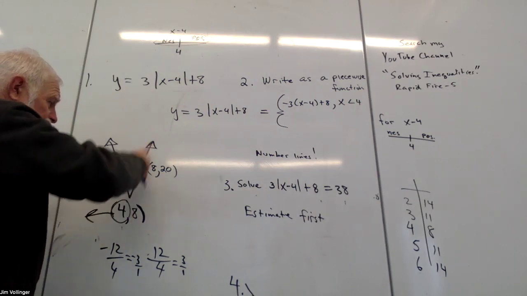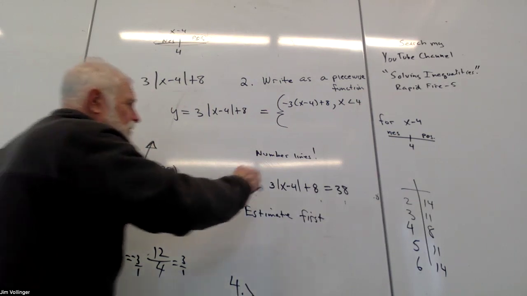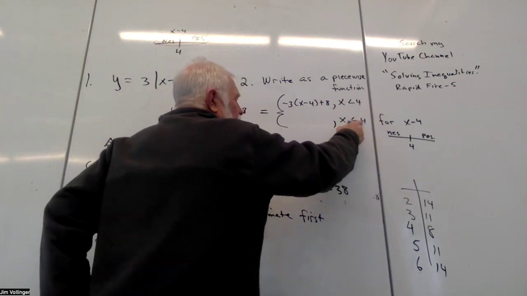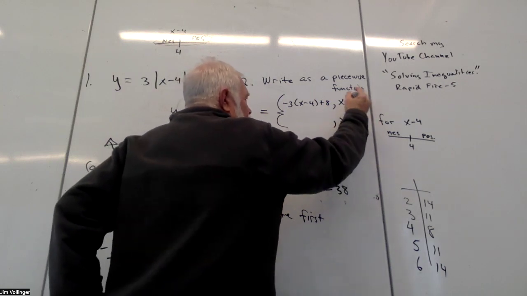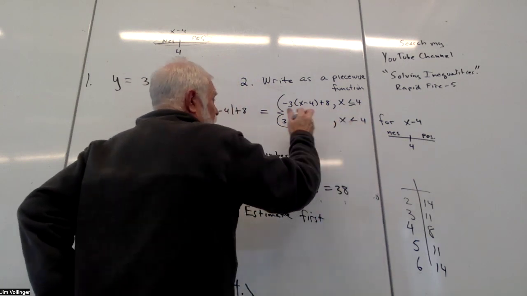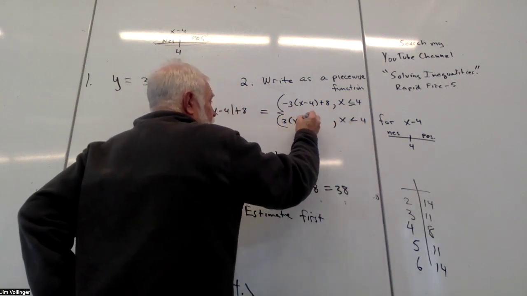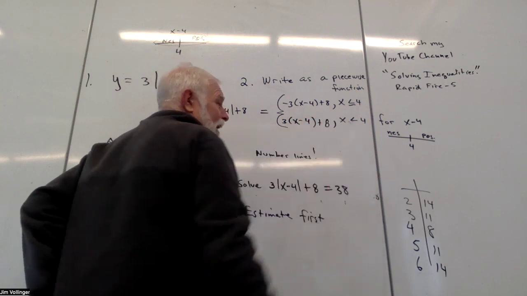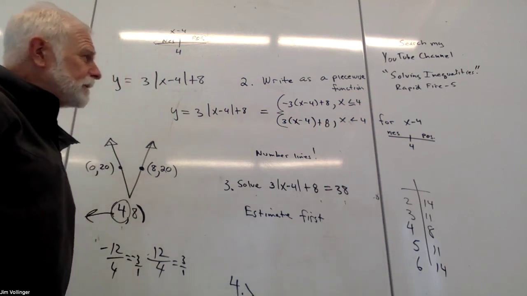The only thing is it's defined for x is greater than or equal to 4. And it doesn't matter which one we put the equal sign. It could have been up above, could be below, but generally speaking, the increasing side is when x's are bigger than. And so you want to learn how to do that. And it'll take a little bit of practice, but I hope that makes some sense.